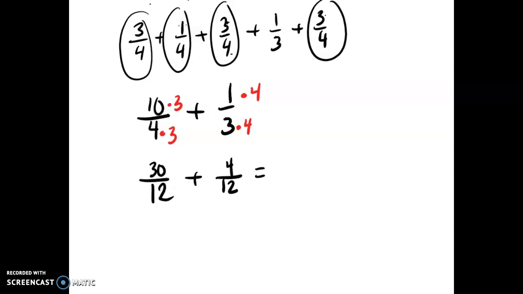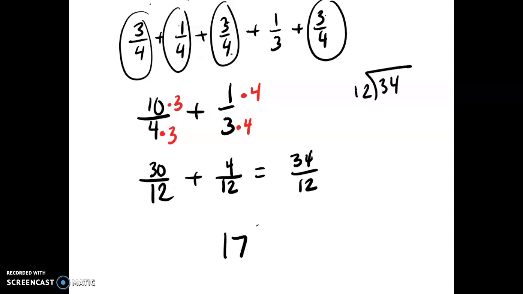And so now since I have a common denominator, I can add the numerators together, and the 12 stays down here. So the whole number portion was 17, and then I have 34/12. But this is an improper fraction. So before I put it here, let's write it as a mixed number. 34/12.